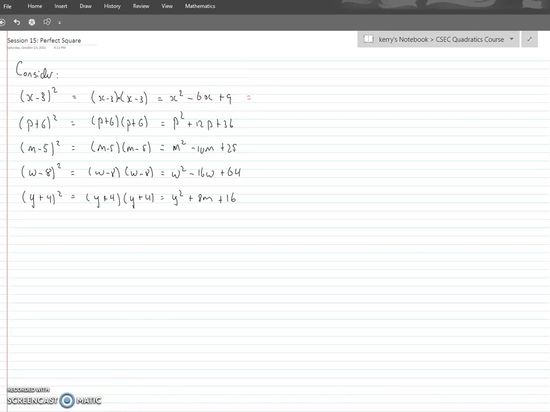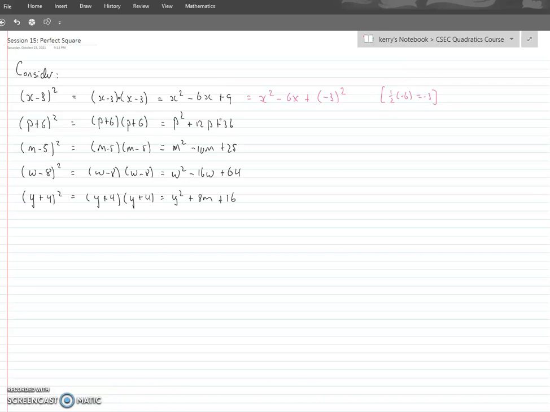How are they related? If I divide 6 by 2, this is the same as minus 6x plus... a half of minus 6 is minus 3, and minus 3 squared is 9. Since I'm writing on the side here, a half of negative 6 is negative 3.